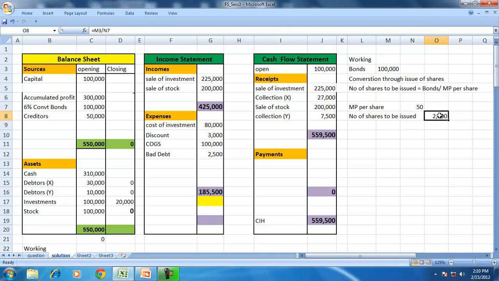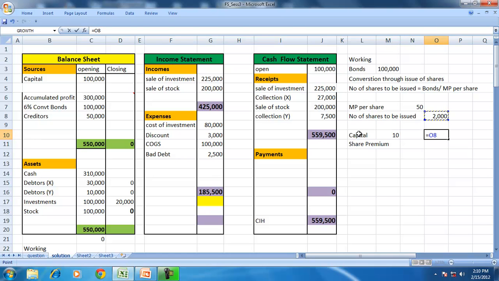Why do you need this number? This number is required to show the capital and the balance as a share premium. The capital is always shown at the face value of 10.